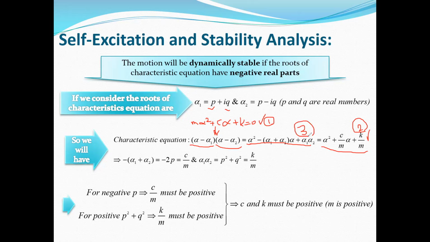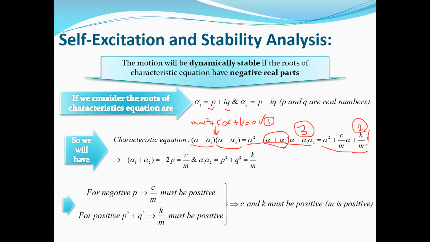If you compare these two equations, you can conclude that alpha 1 plus alpha 2 is equal to c divided by m, of course with a negative sign, and alpha 1 times alpha 2 is equal to k divided by m. Because the coefficient of alpha in equation 2 is c divided by m, and the coefficient of alpha in equation 3 is minus alpha 1 plus alpha 2, these two terms must be equal.